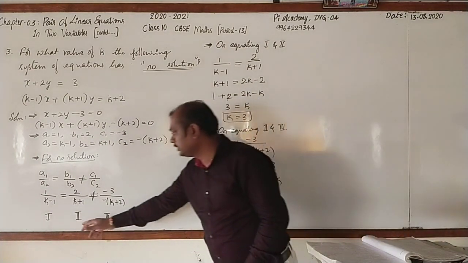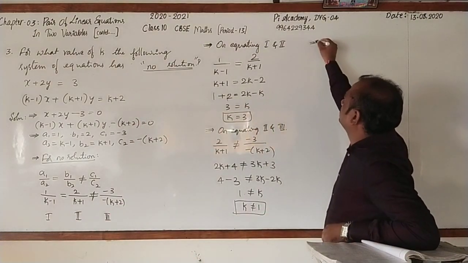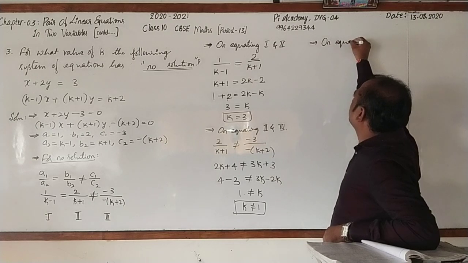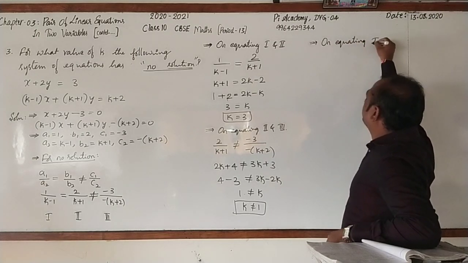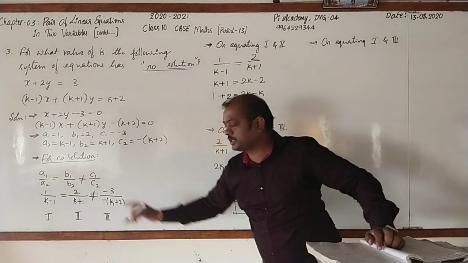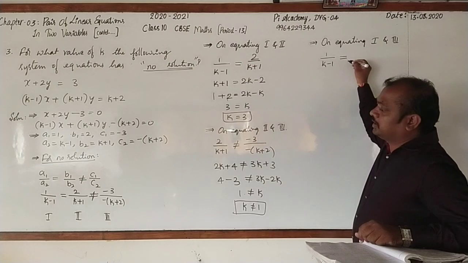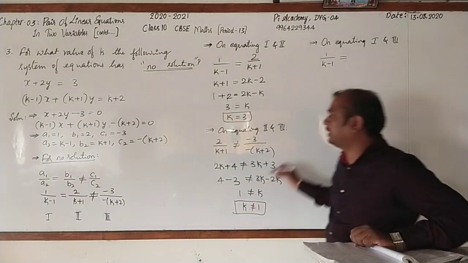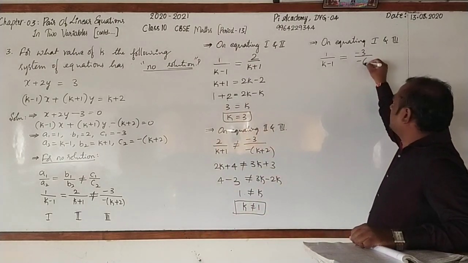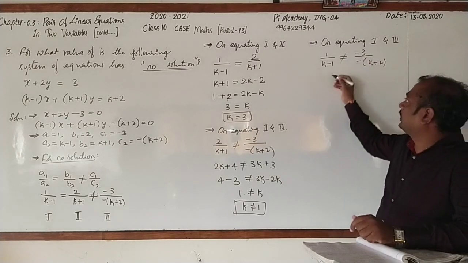What is that? This time I am going to equate first and third. On equating first and third, first ratio is 1 by k minus 1, and third one is minus 3 by minus of (k plus 2). Minus minus get cancelled. Here it is not equal.